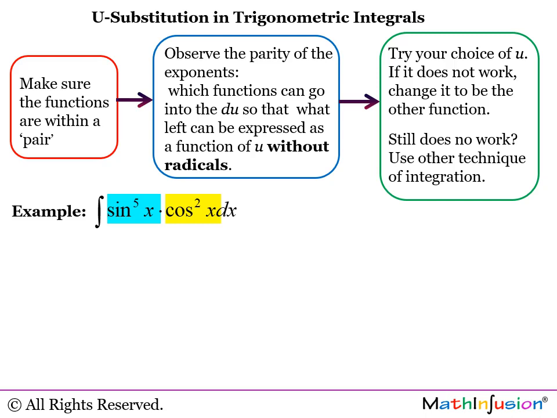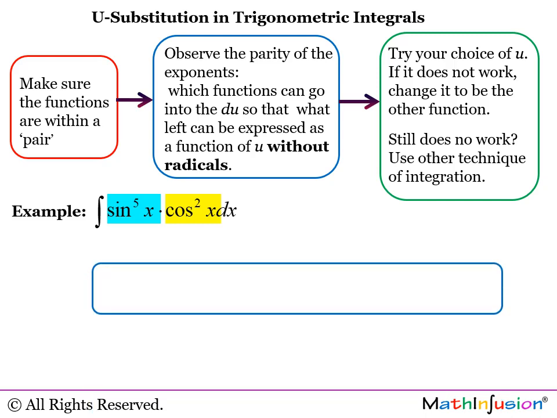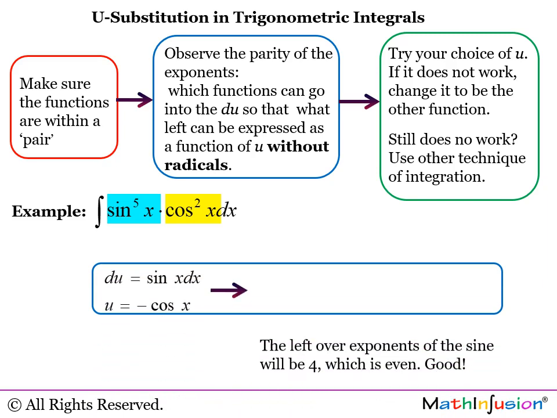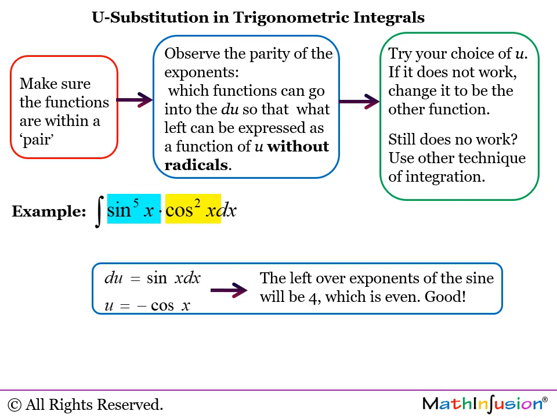When I have even exponents, I can use the Pythagorean identity to write the sine as cosine or the cosine as the sine without using any radicals. So in this case, I definitely would like to take the du to be sine x dx.